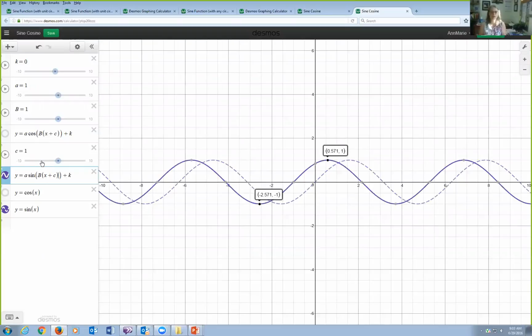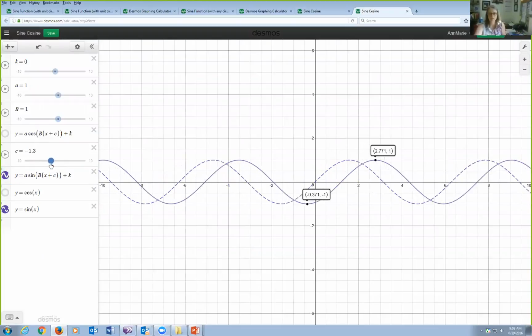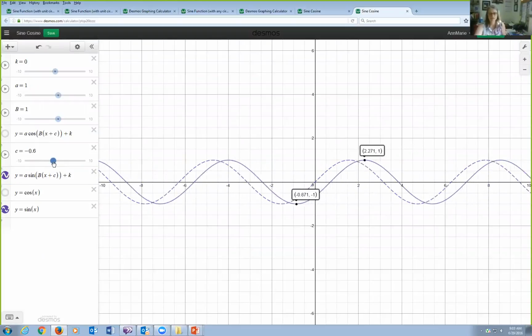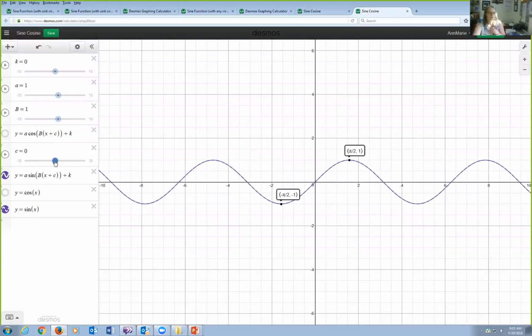So we were going to talk about horizontal shifts before multiplying. So this first function I'm asking you to look at, f of x equals 2 sine of 2 times x minus 3.